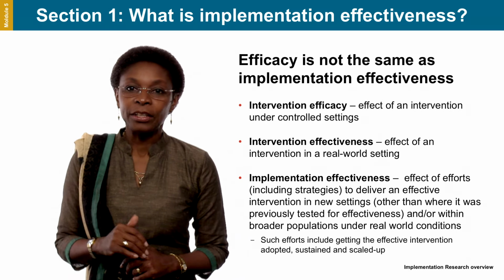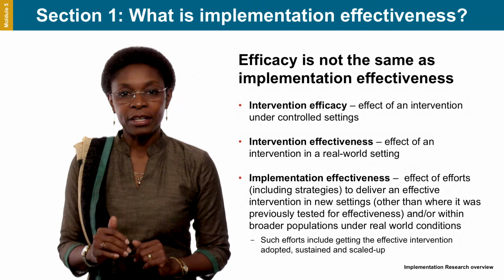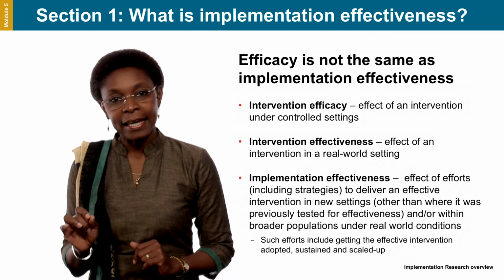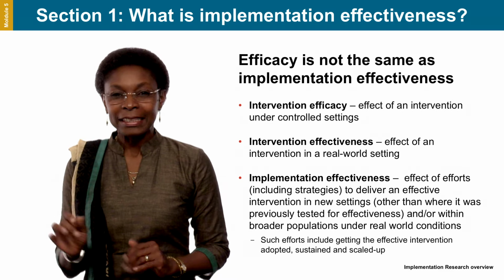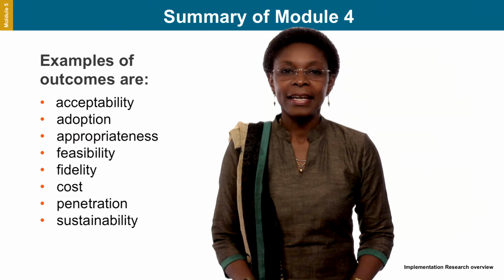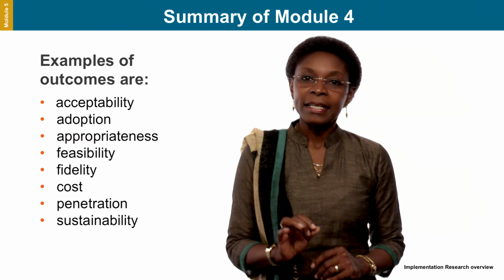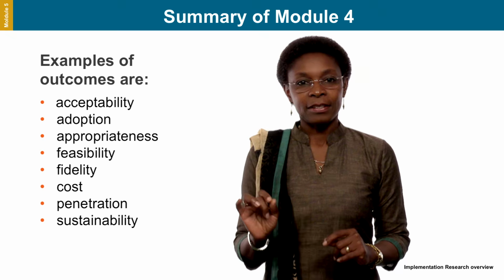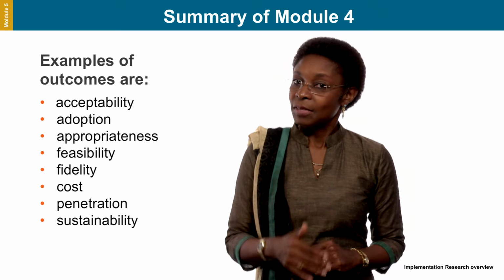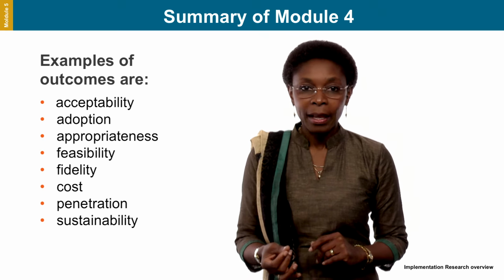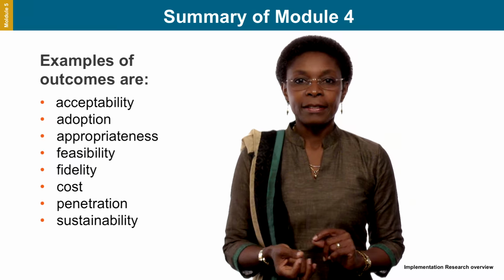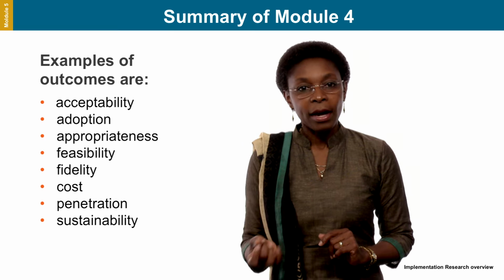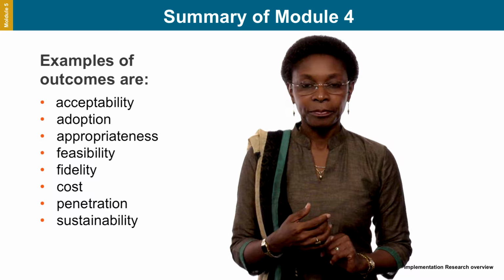Such efforts include getting the effective intervention adopted, sustained, and scaled up. I hope that was clear. Specific outcomes may relate, for instance, to acceptability, sustainability, compliance, appropriateness, penetration, or coverage, and so on.